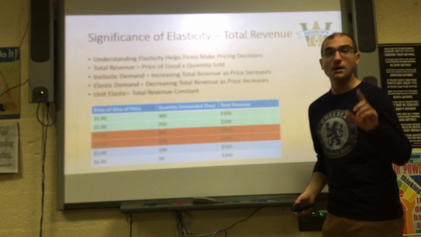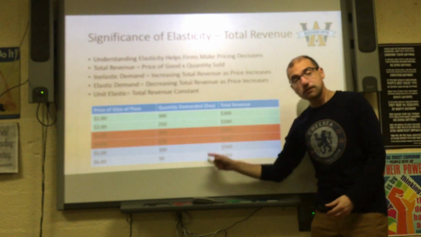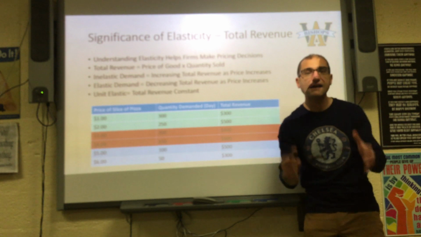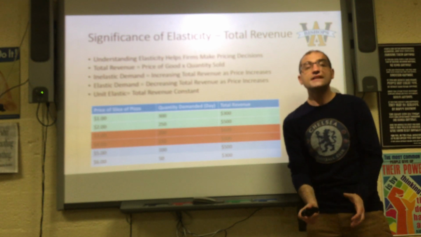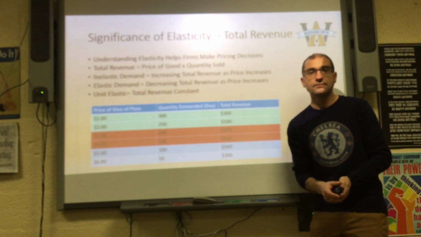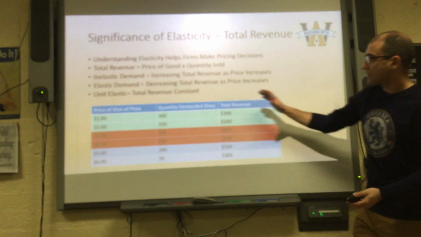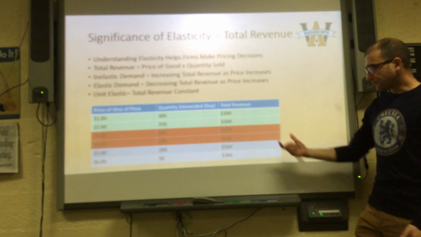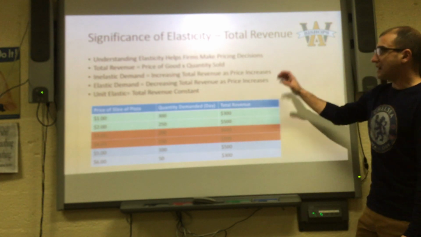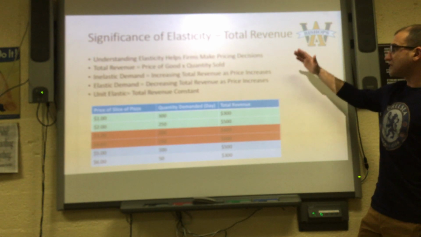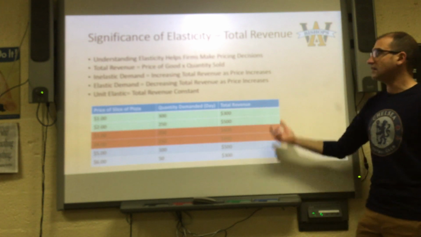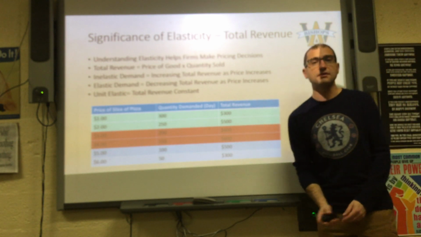But by the time I get to the bottom end here and I'm going from 100 slices to 50, I've lost half my total sales. That's a huge percent drop. So depending on whether total revenue is increasing as price increases or decreasing as price increases, you can see the inelastic versus elastic demand.